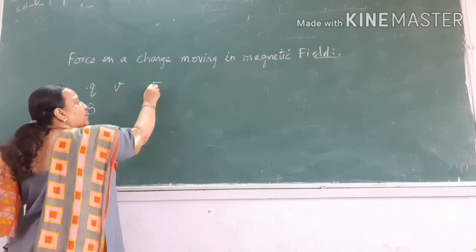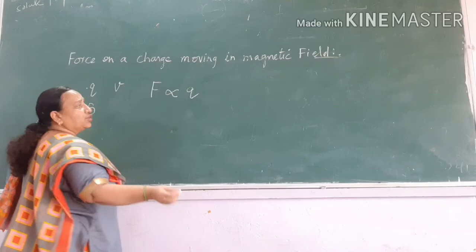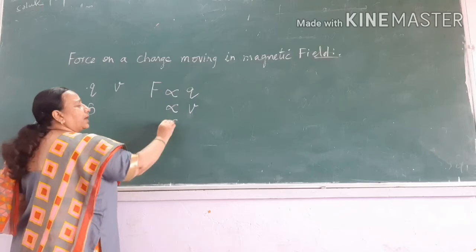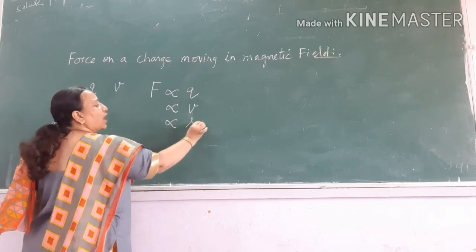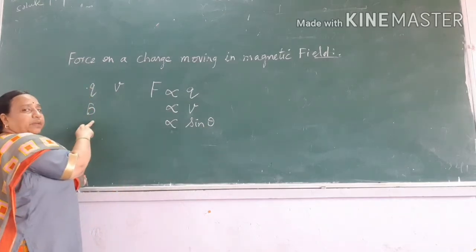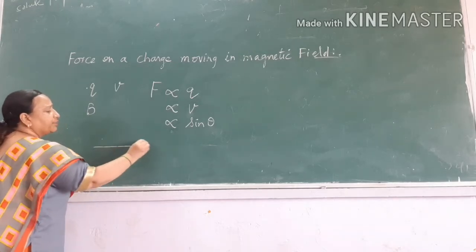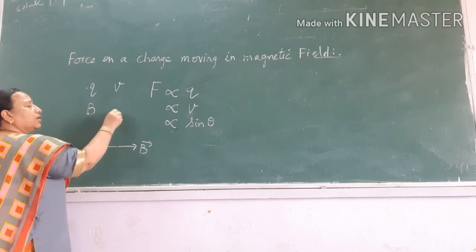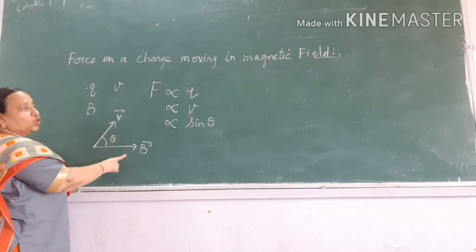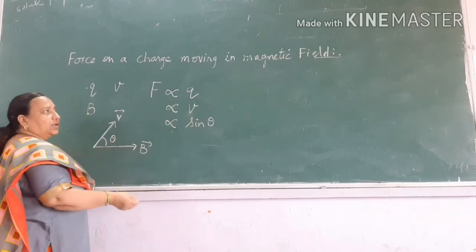The force acting on a charge is directly proportional to the magnitude of charge, directly proportional to the velocity of the charge, and directly proportional to the sine of the angle between the velocity of the charge and the magnetic field. So, if this is the magnetic field B and the charge is moving in this direction v, then theta is the angle between B and v. The force is directly proportional to sine theta.